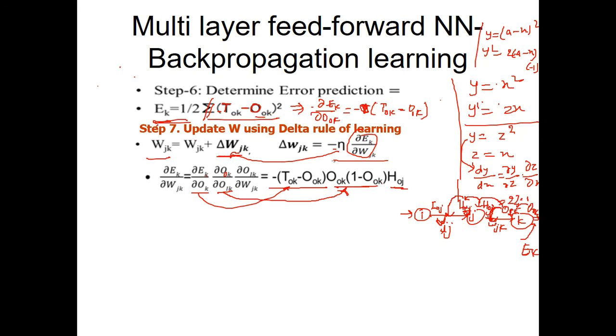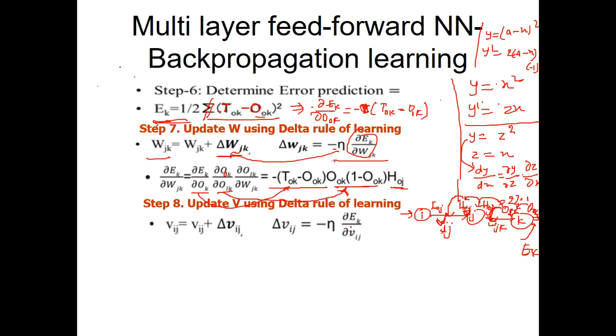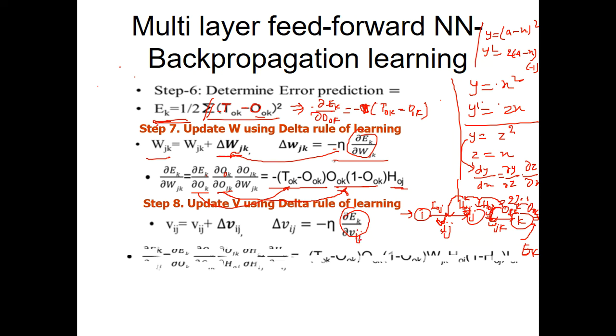So 1, 2, 3, 4, 5. Five terms will be in the chain rule while differentiating EK with respect to Vij.